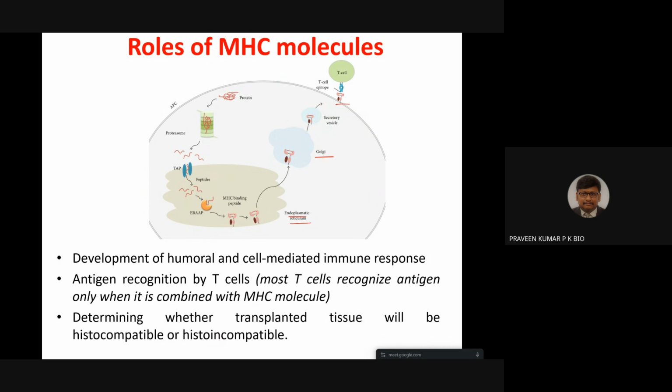Whatever MHC molecule we have, the antigen peptide is present at the top. That is what we got from the viral or bacterial pathogen which got inside our immune cell. That part of a viral protein is going to be presented to the T cell receptors.